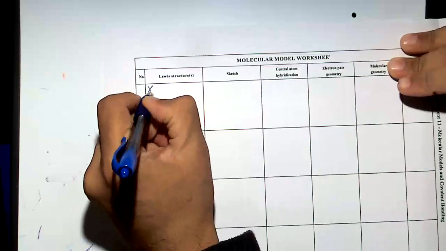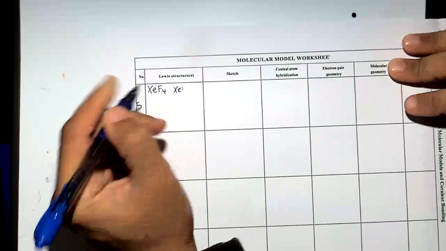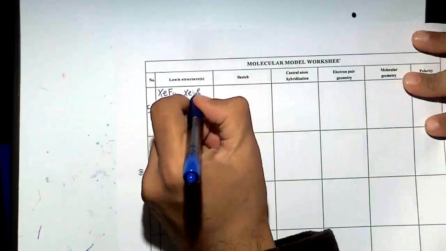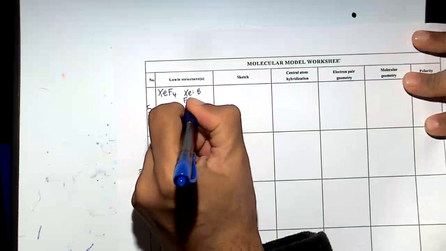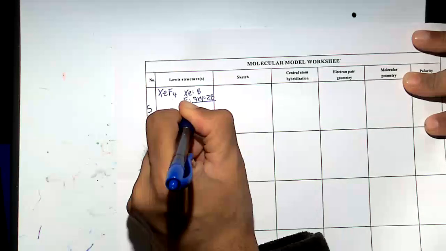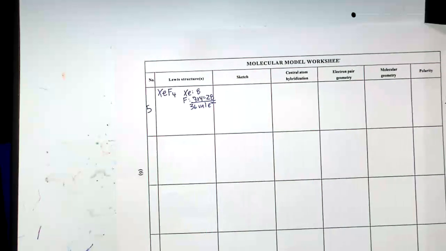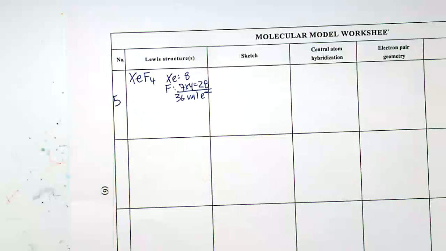Okay, we're on number 5 here. Xenon tetrafluoride. What is xenon happy at? 8. Very good. What is fluorine happy at? 7, but we have 4 of those, so it's 28. So we need to get 36 valence electrons around XeF4.